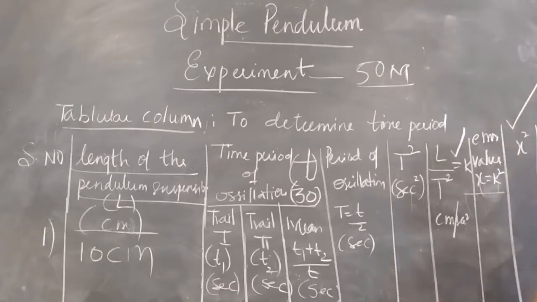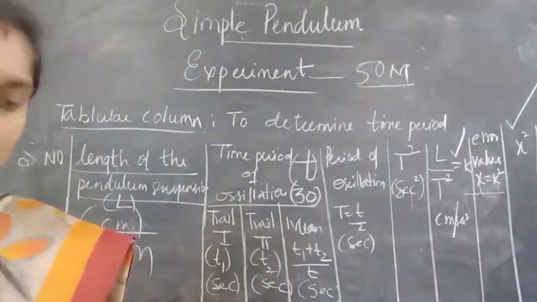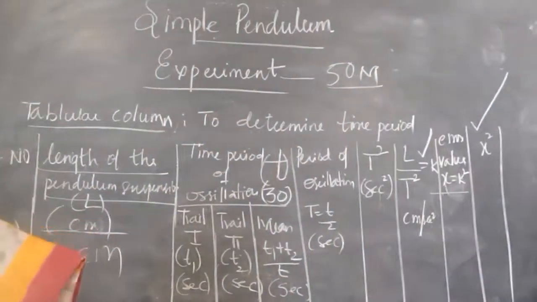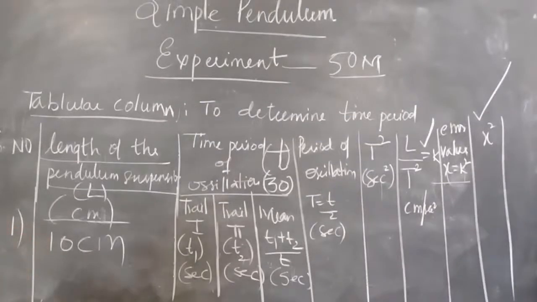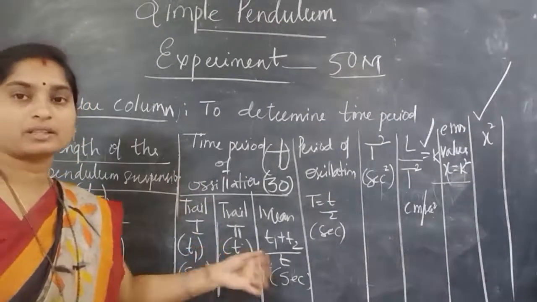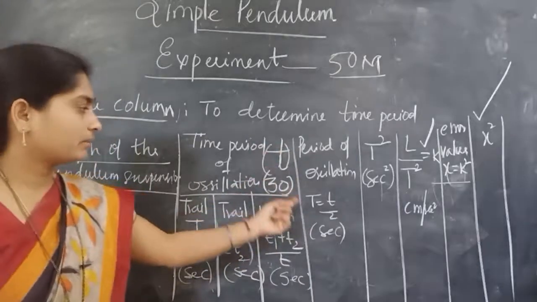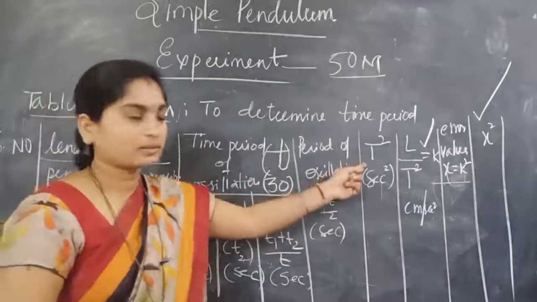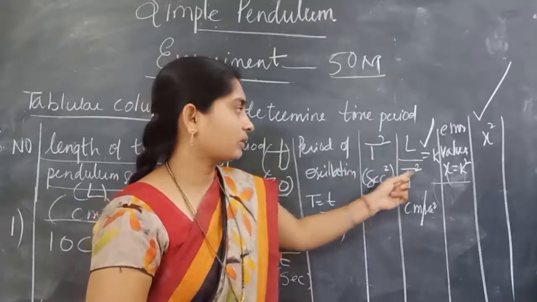The table is completed. Let us see once again what you have taken in this table. Length of the pendulum L, time for oscillations, which you have to repeat two times and take the mean. Period of oscillation, which is t by 2, again T square. You know the value of L, substitute L by T square, and you get the K value.